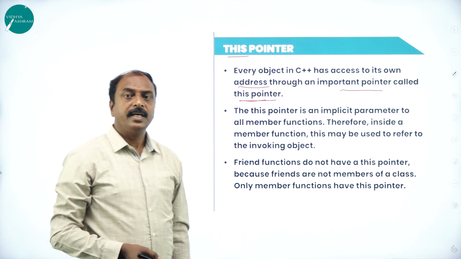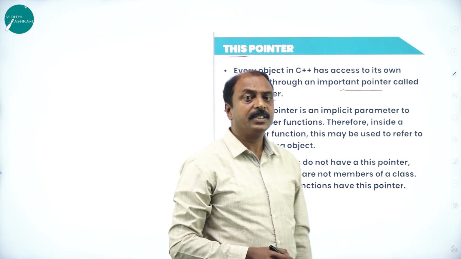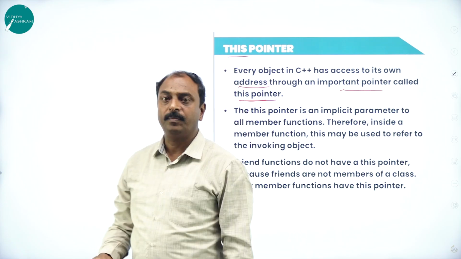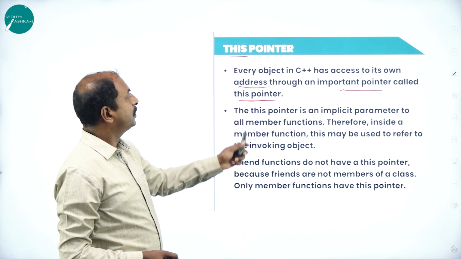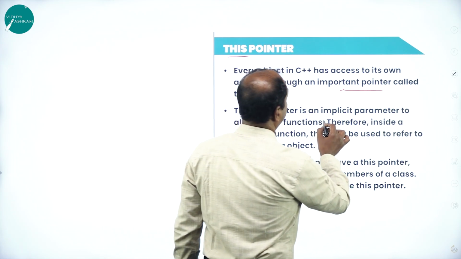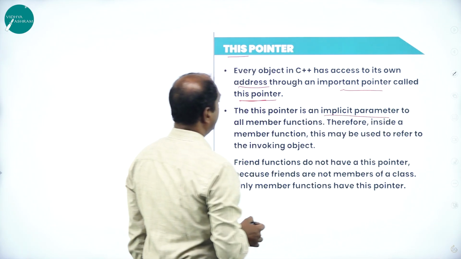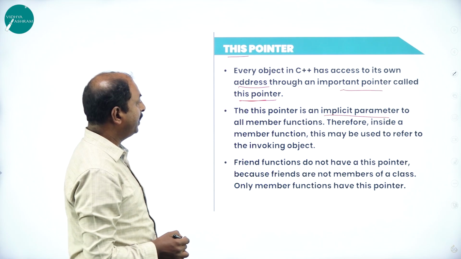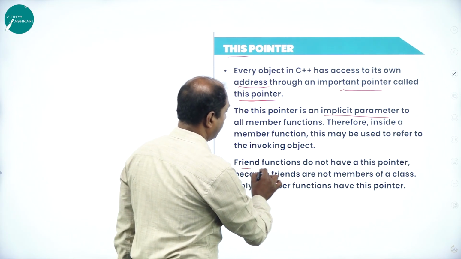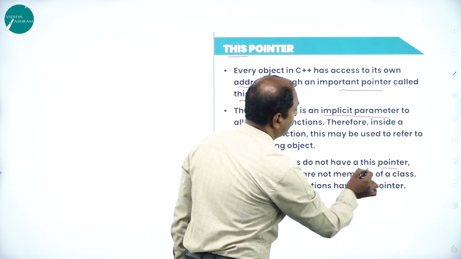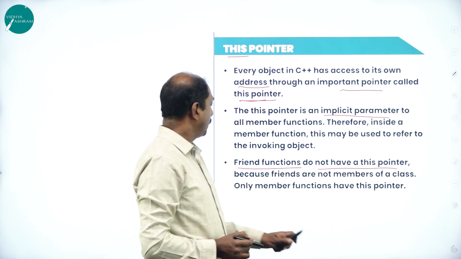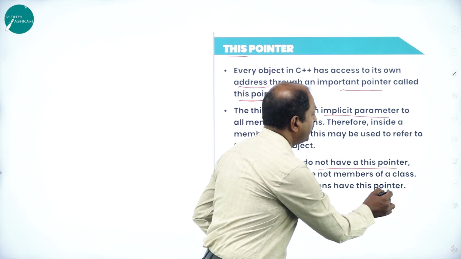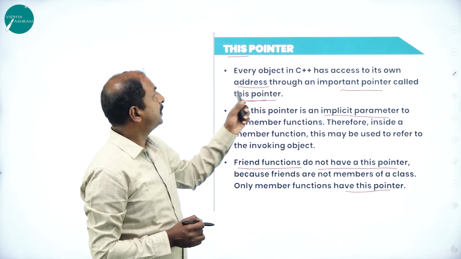So an object is going to access its own address by using another pointer called the this pointer. The this pointer is an implicit parameter to member functions. Friend functions do not have a this pointer, because friends are not members of a class. Only member functions have the this pointer. So this is the this pointer.